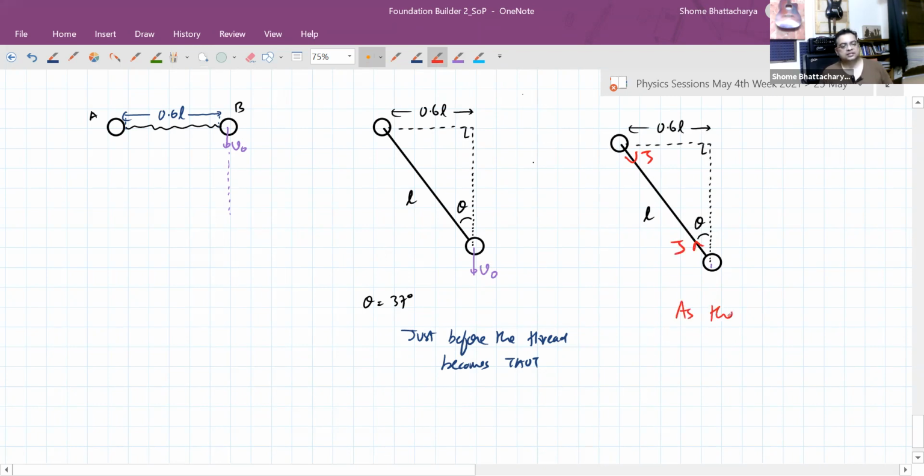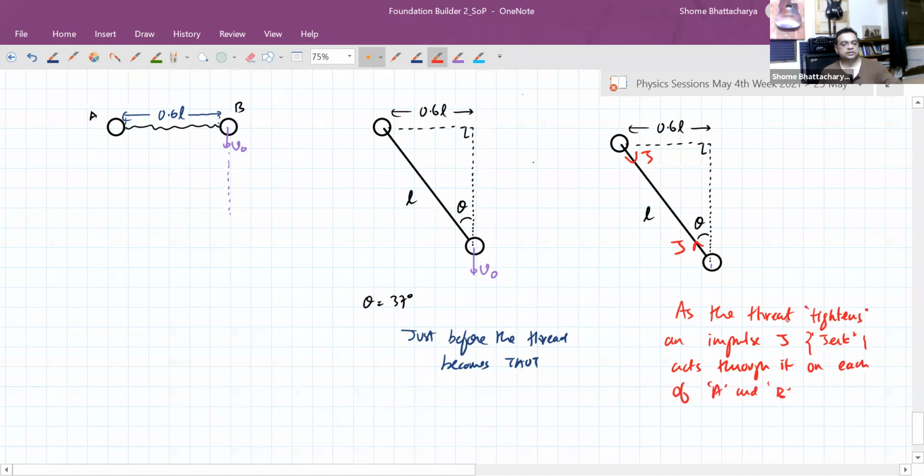As the thread tightens, an impulse J, like a jerk, acts through it on each of the bodies A and B. And as a result of this jerk, we'll see that in the next instant.